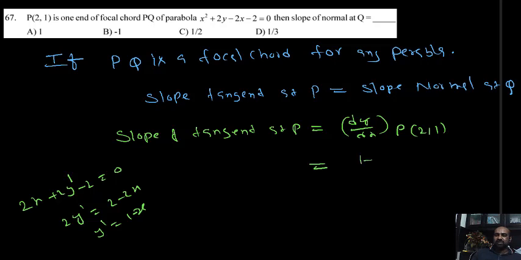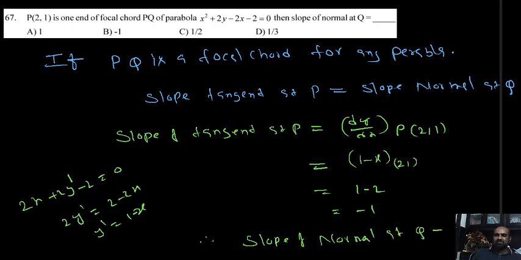I hope what I did is correct. So 1 - x at the point (2, 1) is 1 - 2, equal to -1. Therefore the slope of the normal at Q is also -1. I say that B is the correct answer.